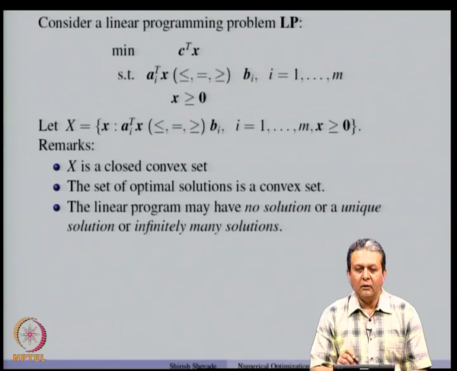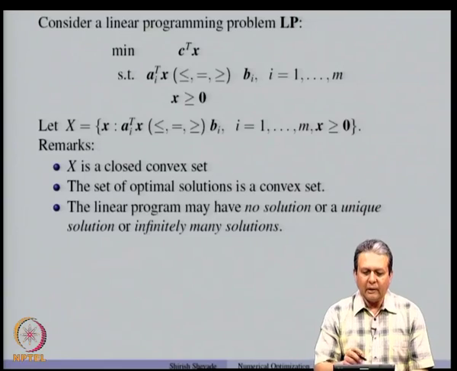If the vector C is such that the optimal objective function value may not exist for a linear program, then we say that the problem is unbounded. In such a case, no solution exists.